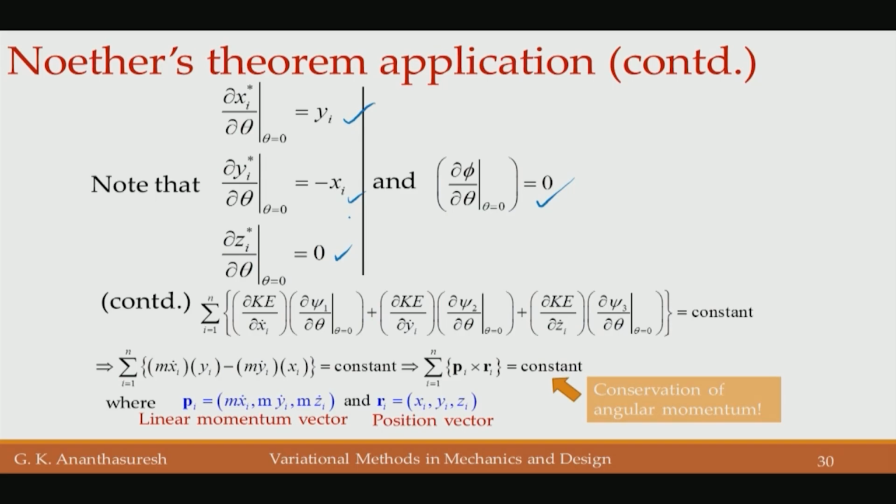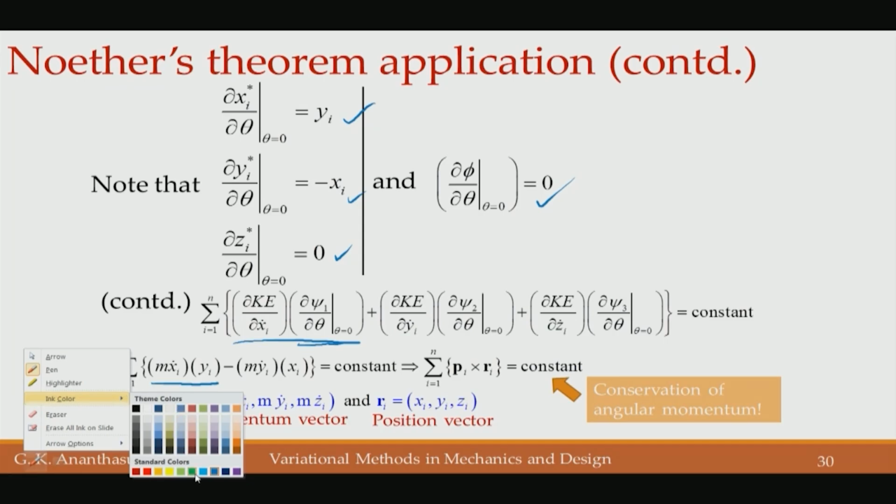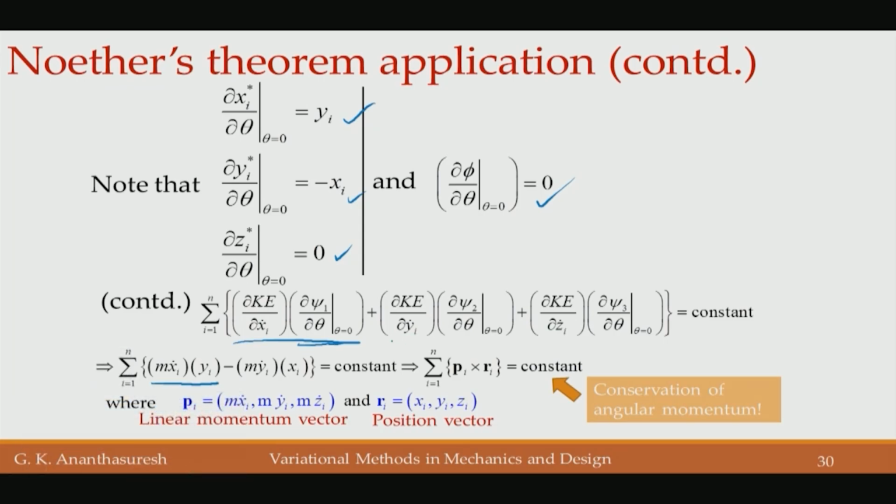You substitute all of them; this term I will color code becomes that, because dou psi 1 by dou theta here comes out to be yi, and then let me use a different color to underline. So, this particular thing becomes that, and these things are 0, because dou psi 3 is like dou z i star by dou theta, that is 0, so that will not be there.